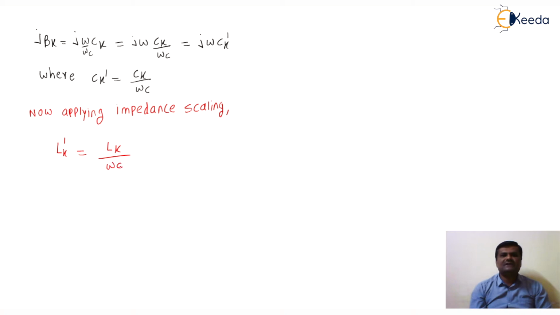For Lk, we multiply by R0. This is the impedance scaling. For Ck dash, Ck is divided by omega c, and it is also divided by R0, meaning Ck divided by R0 multiplied by omega c.